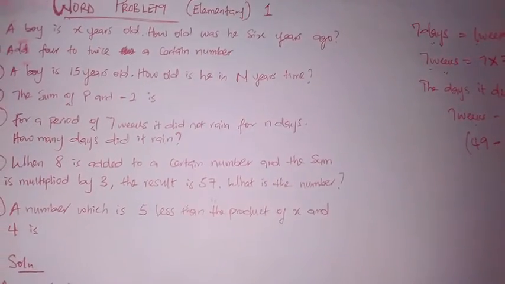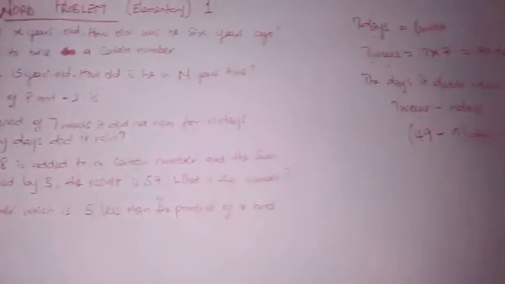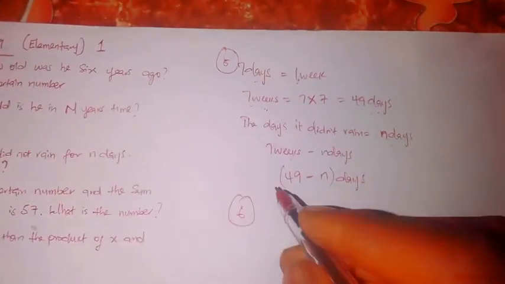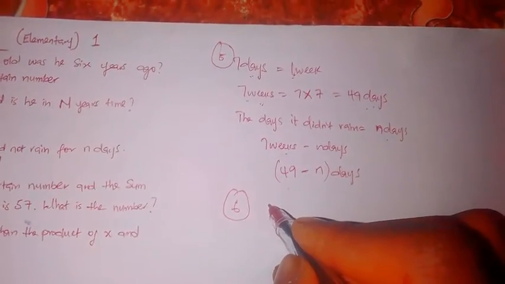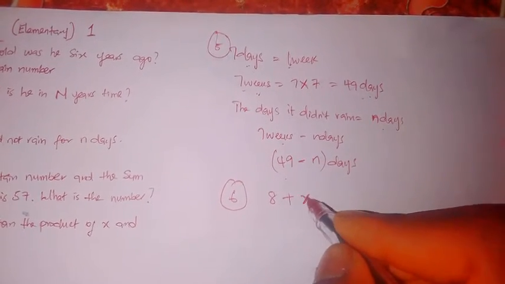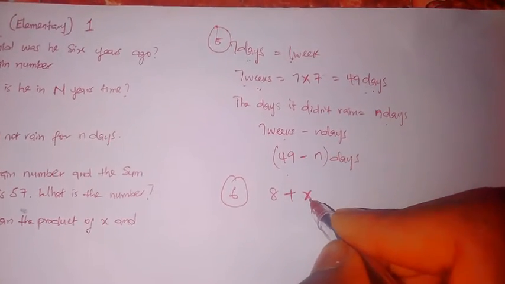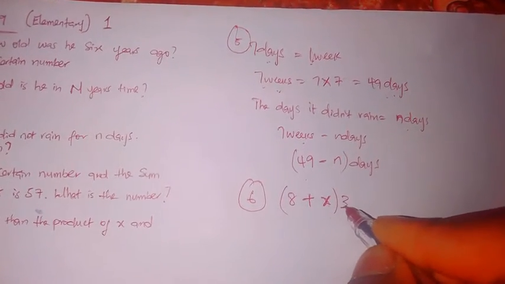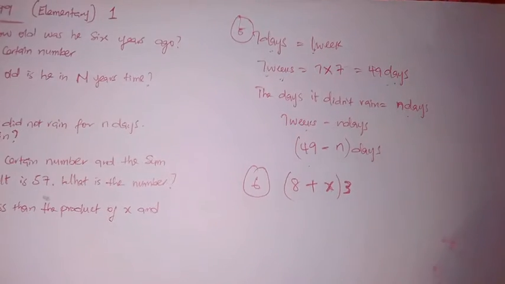Okay, so now let's see number 6. When 8 is added to a certain number, the sum is multiplied by 3.